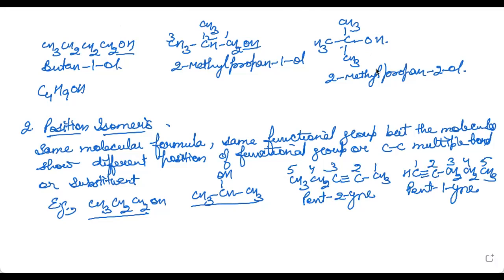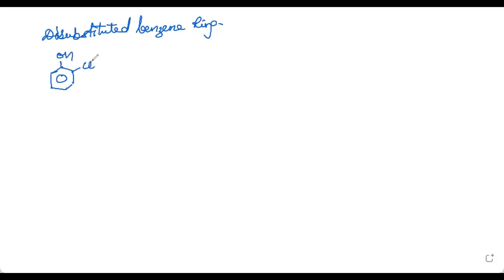I'm clearing my screen here, and let us now move into the examples from the benzene ring. If we have a disubstituted benzene ring, suppose on the benzene ring we have an OH group and Cl.